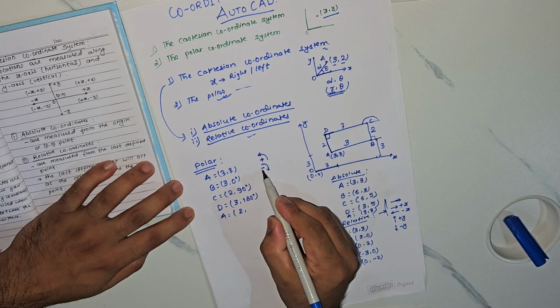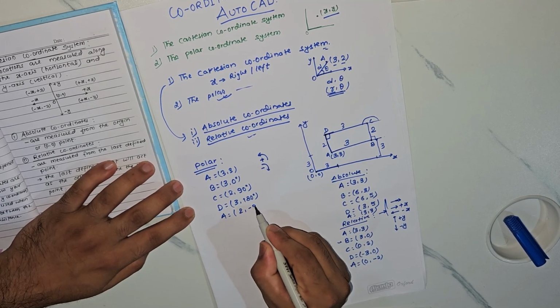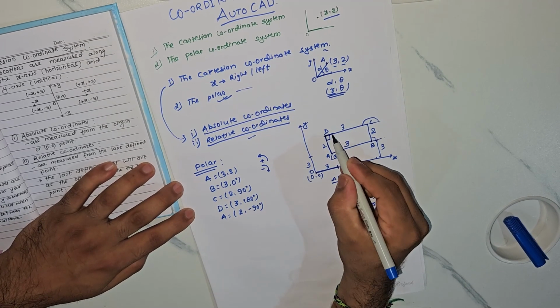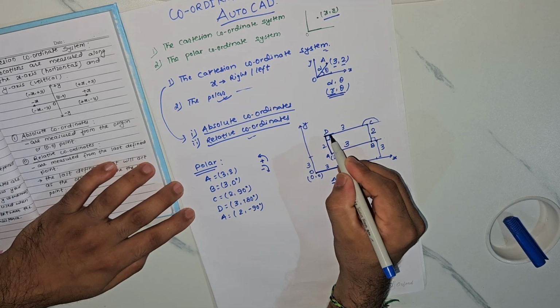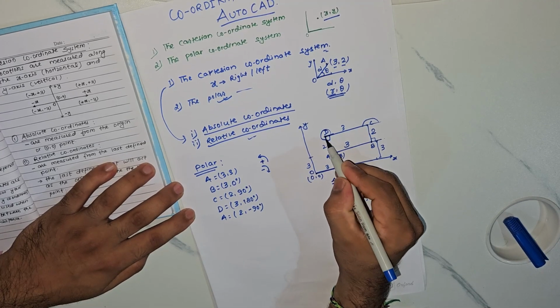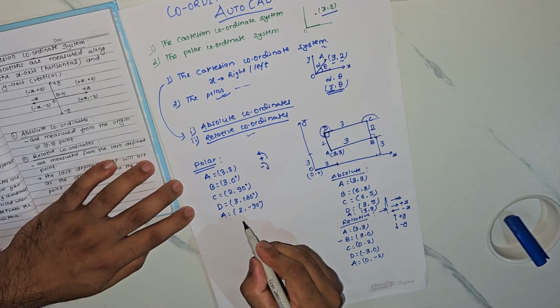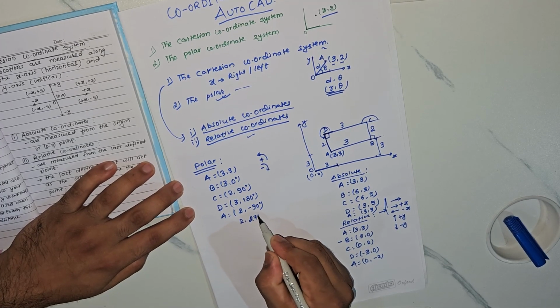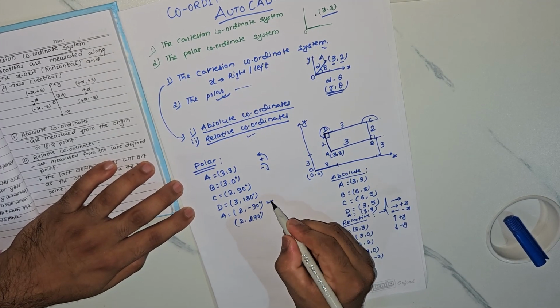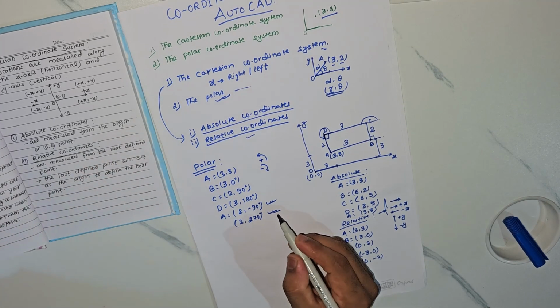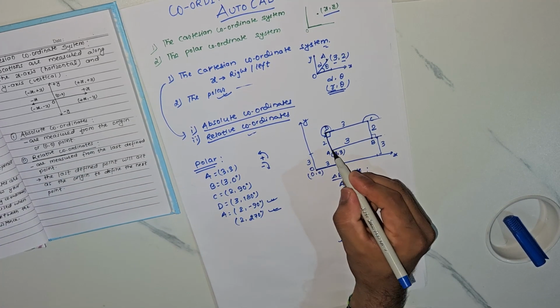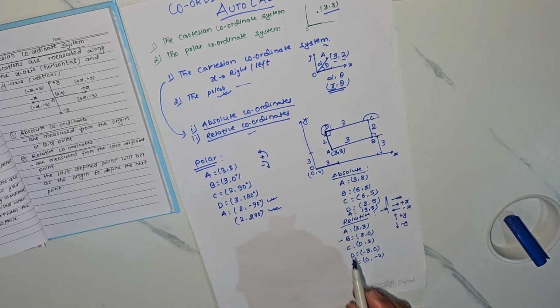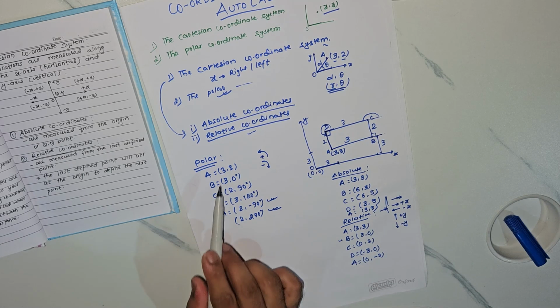So clockwise 90 means minus 90 degree, or if you take it anti-clockwise, it is making 270 degree, then it will be 270 degree positive. So this is also correct and this is also correct. Whichever you enter into the AutoCAD, this will give this point only. So in this way you can write the absolute, relative and polar coordinate.